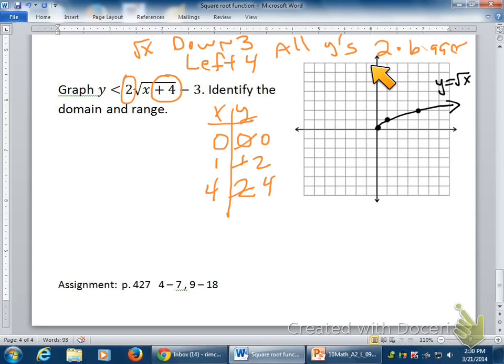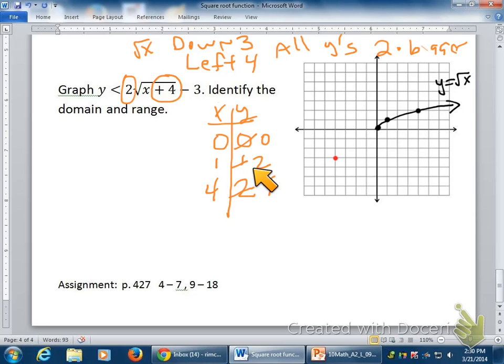So let me move the point first. I need to move it down 3 and left 4. So I'm going to move it down 3, 1, 2, 3, left 4, 1, 2, 3, 4. So right there will be my point, and that's 0, 0. But remember, from here on out, I'm not going to go 1, 1.